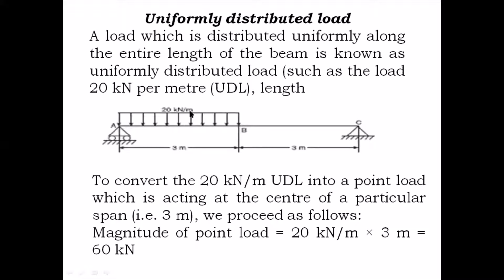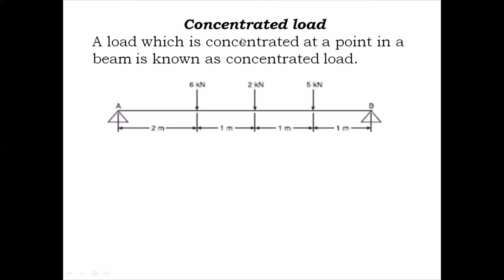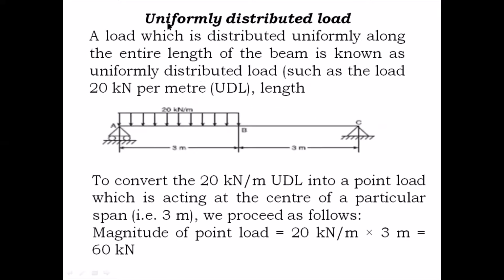I want everybody to keep the units in mind. Now see, since a concentrated load acts at a single point, the unit of concentrated load is always kilonewton, newton and so on. Whereas for uniformly distributed load, since it is distributed along some of the span, the unit for this UDL is kilonewton per meter.